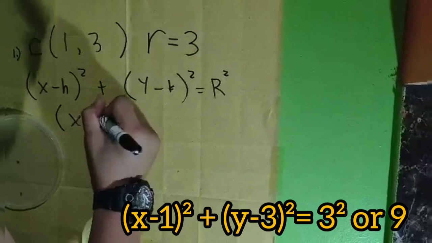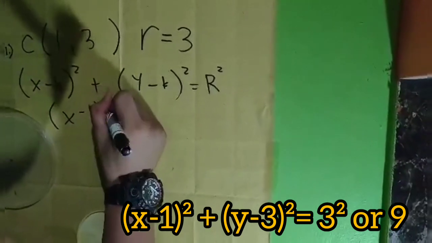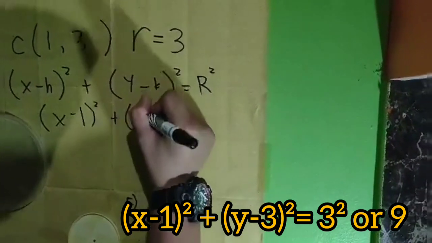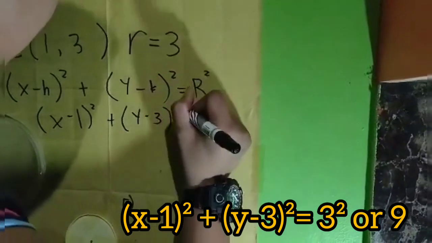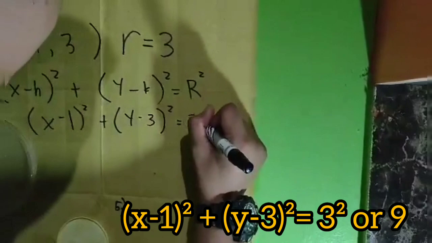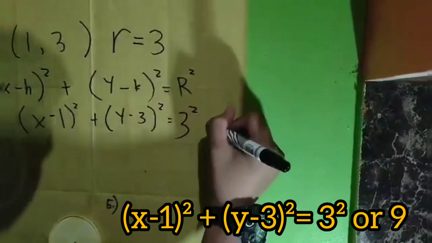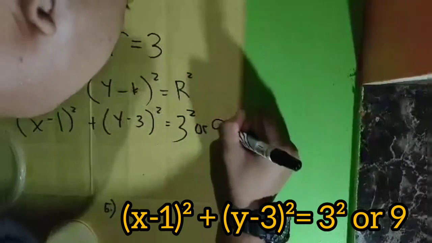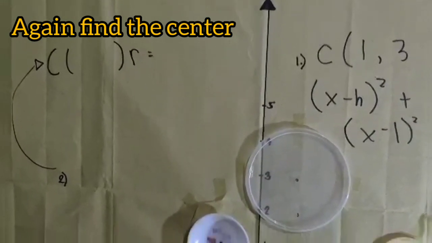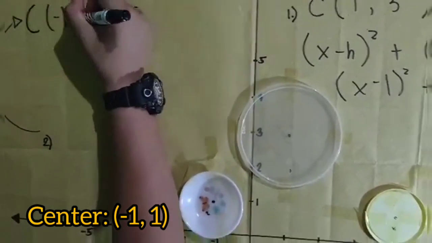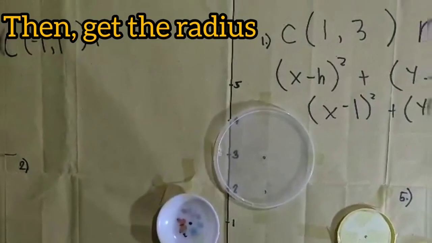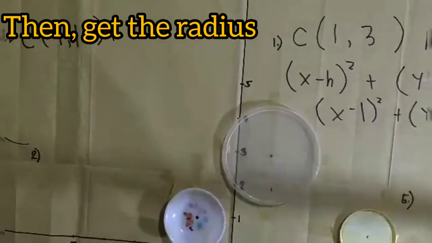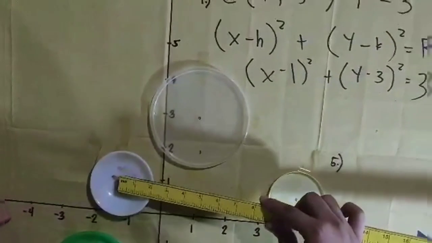X plus... The center is -1 and +1. Then we will get the radius. The radius is 2.